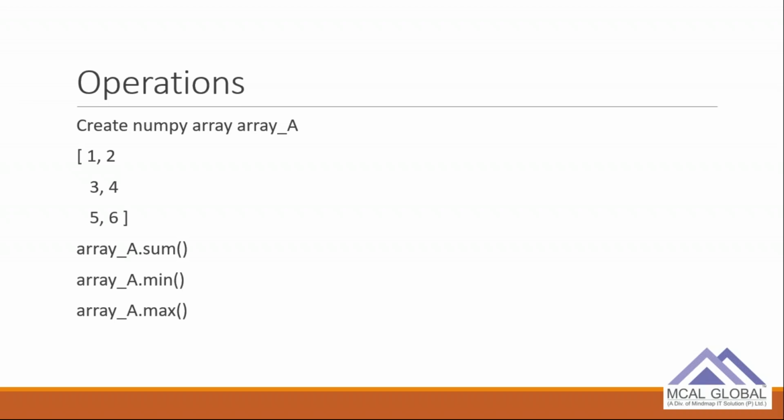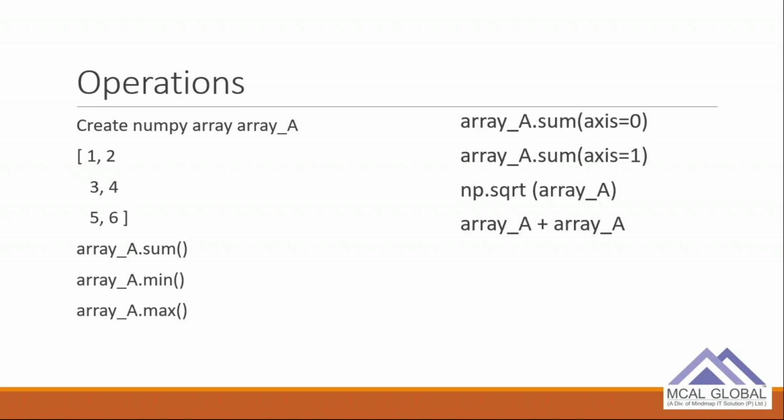Operations are the same kind of operations that we saw for lists: sum, min, max. Now this is very important. For example, if you're doing a sum, the axis is basically whether you want to sum over rows or over columns.